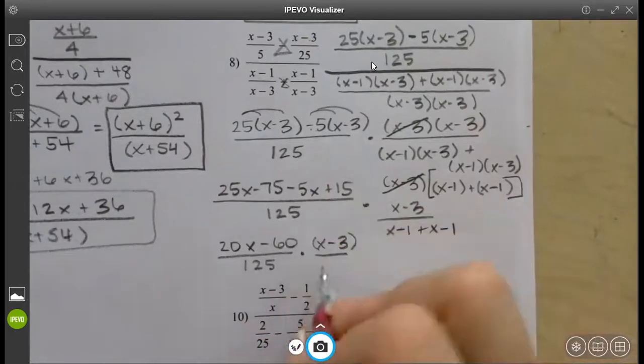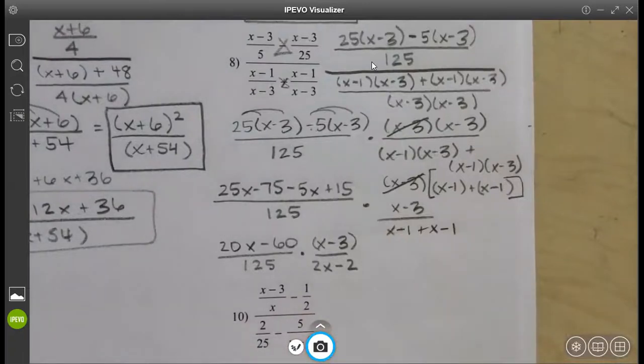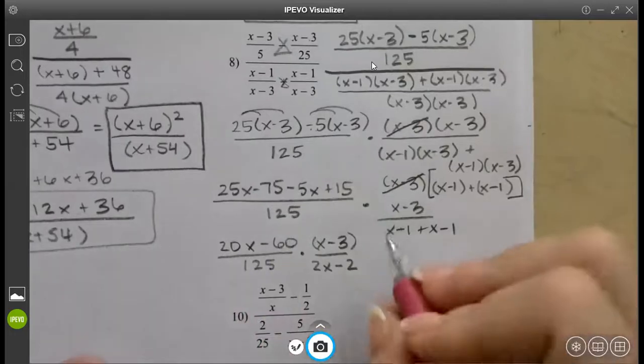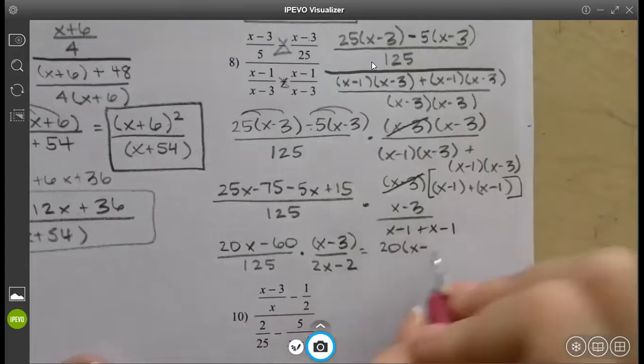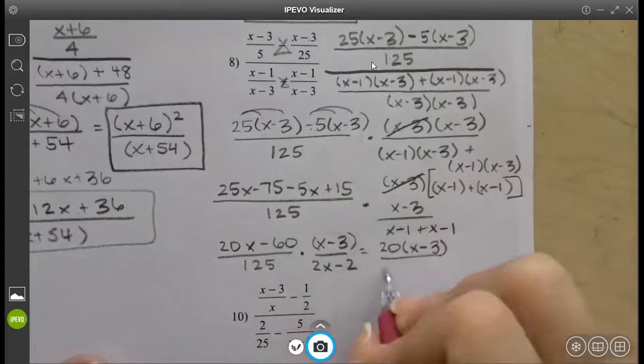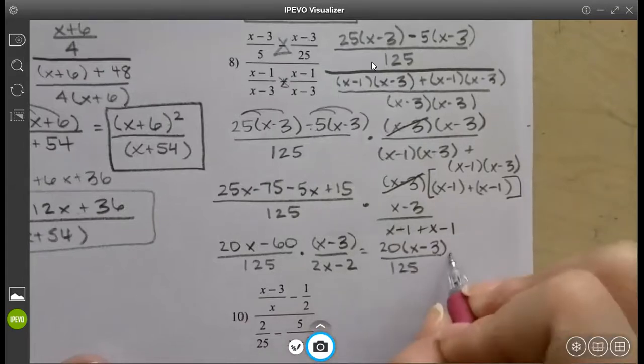X plus x is 2x minus 2. Factor out anything you can. What's in common between 20 and 60? So we're left with x minus 3 over 125.